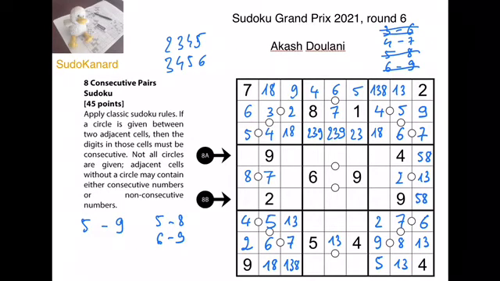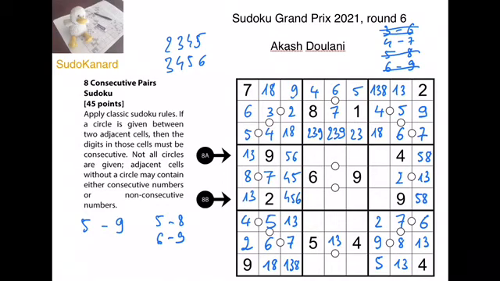What else? We still need 4, 5, and 6. So 5 or 6 here, 4 or 5. 3 candidates here. This row still needs 1, 3, 4, and 5. 4, 5.